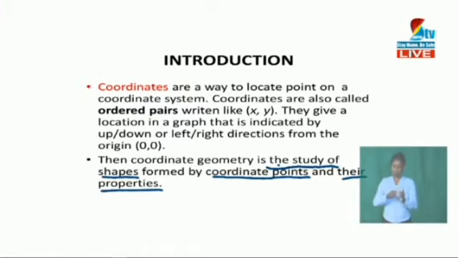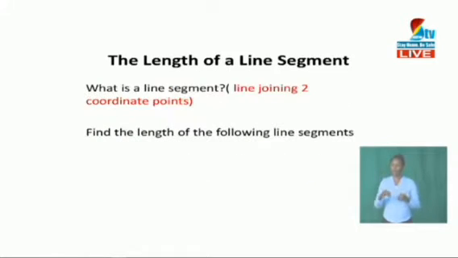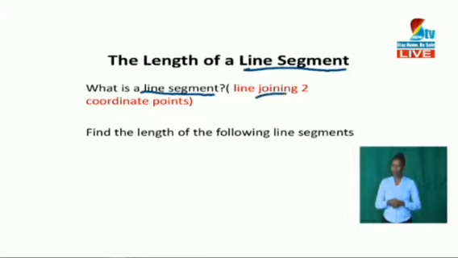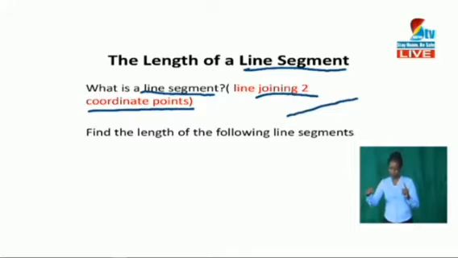So I hope you are ready now to get into our first subtopic, that is the length of a line segment. So what is a line segment? A line segment is a line joining two coordinate points. What do I mean by that?